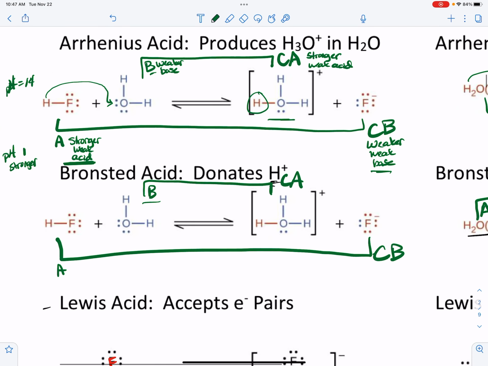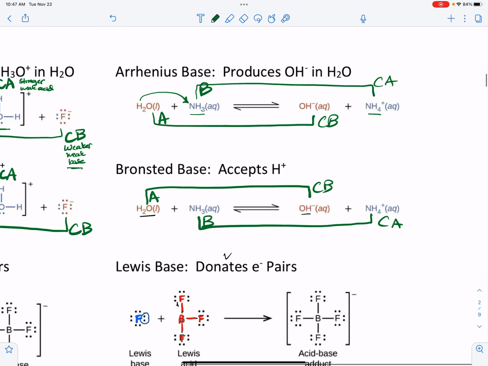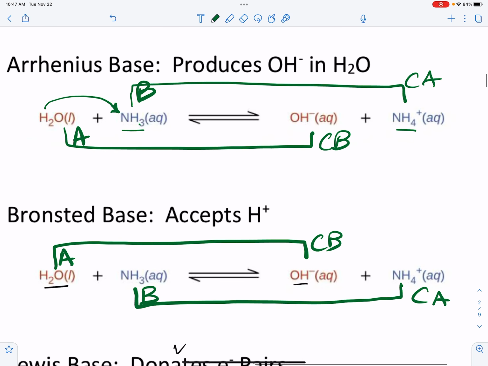So I'm hoping that gets you to seeing what we're trying to say over here. I can do it with these ones also. So in the scale of this, let's say that this is a stronger-ish weak base. Then that would mean that this one is a weaker weak acid.